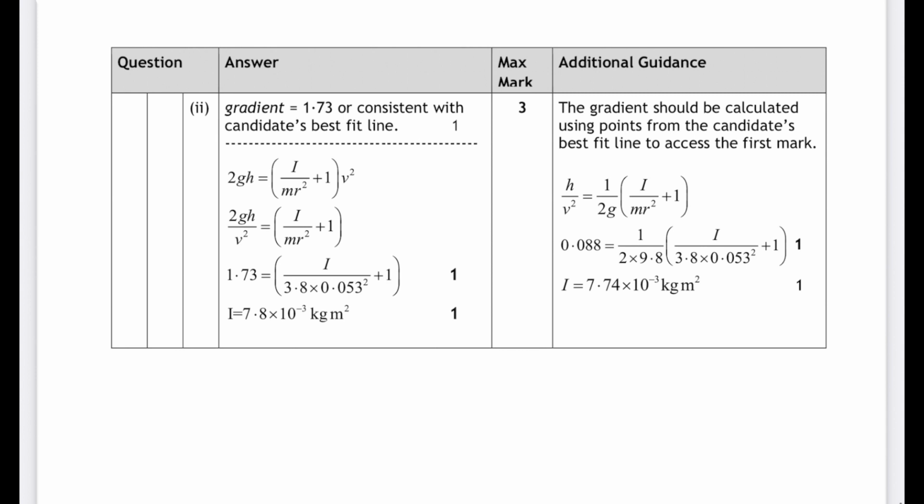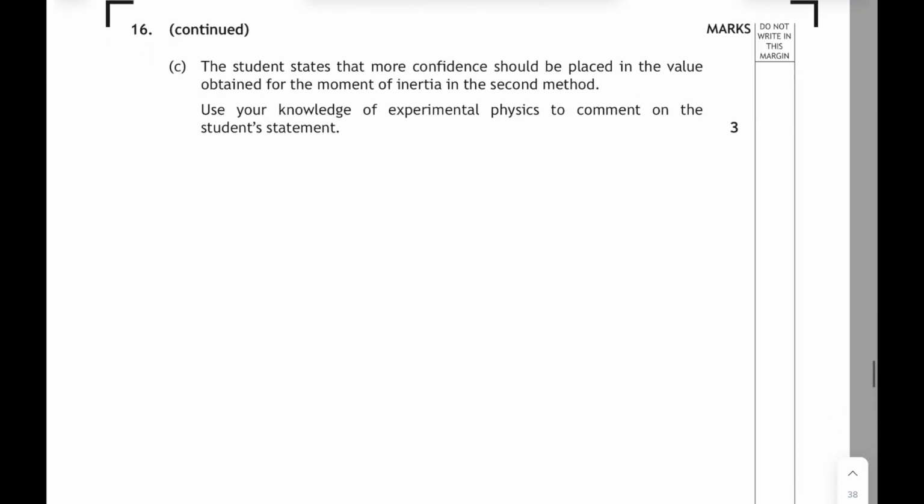So 1 mark for the gradient, and then the other 2 marks are for substituting the gradient into the relationship and working out the experimental value of the moment of inertia of the sphere. So 6 marks in total there for drawing the graph, working out the gradient, and using the gradient to work out the moment of inertia of the sphere. That's a bit of a monster.